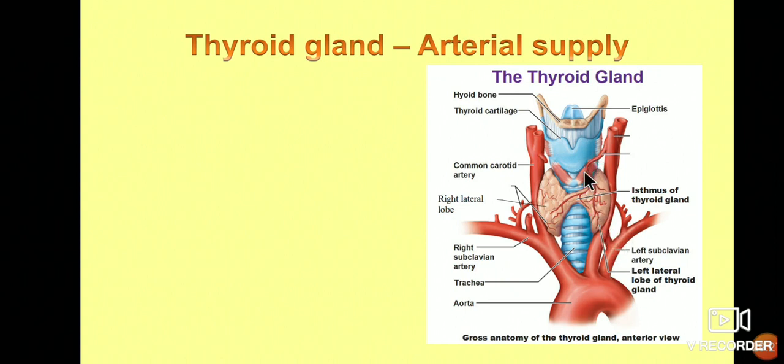The superior thyroid artery is the first branch from the external carotid artery. It descends and at the apex of the gland divides into an anterior and a posterior division.